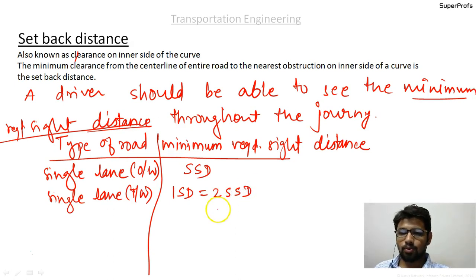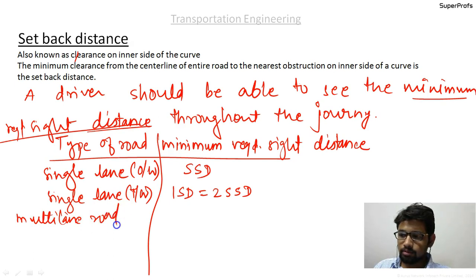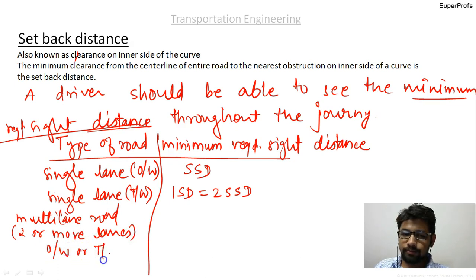Okay, so yes, I hope that you people can recall this. What is the minimum required sight distance? And if the road is a multi-lane road, two or more lanes, one way or two way, that doesn't matter, then the minimum required sight distance is equal to OSD.